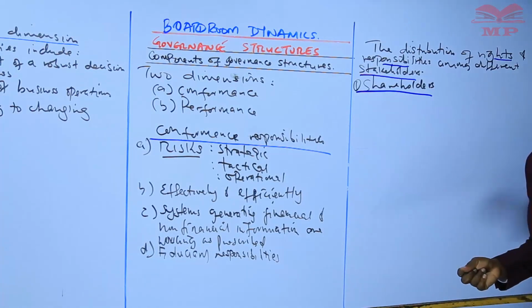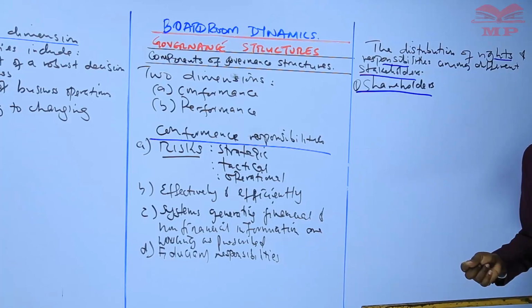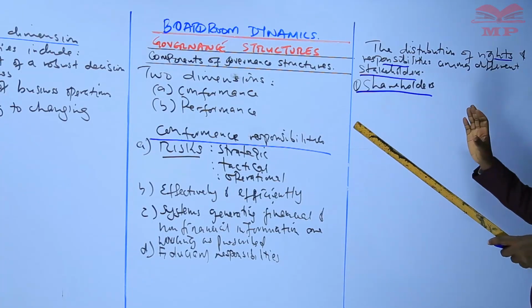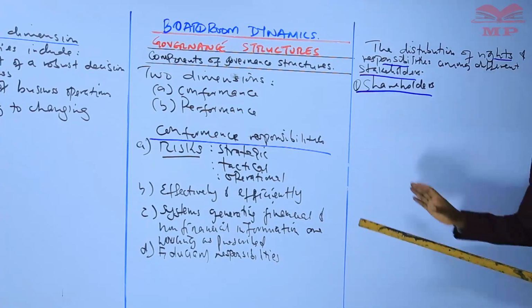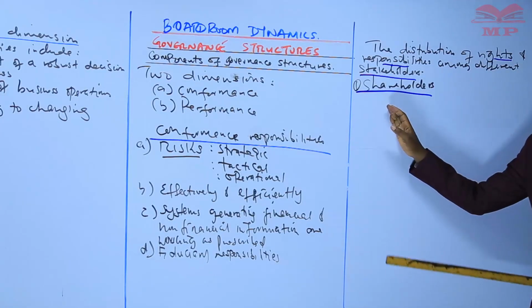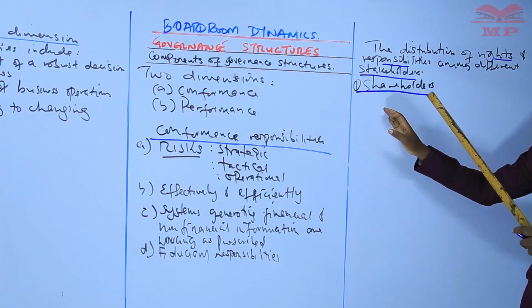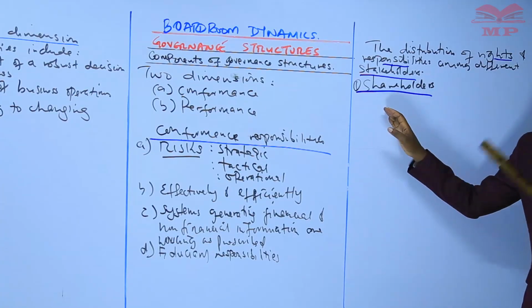All right? Distribution of rights and responsibilities among different stakeholders: the shareholders. We've discussed the rights and responsibilities of shareholders.